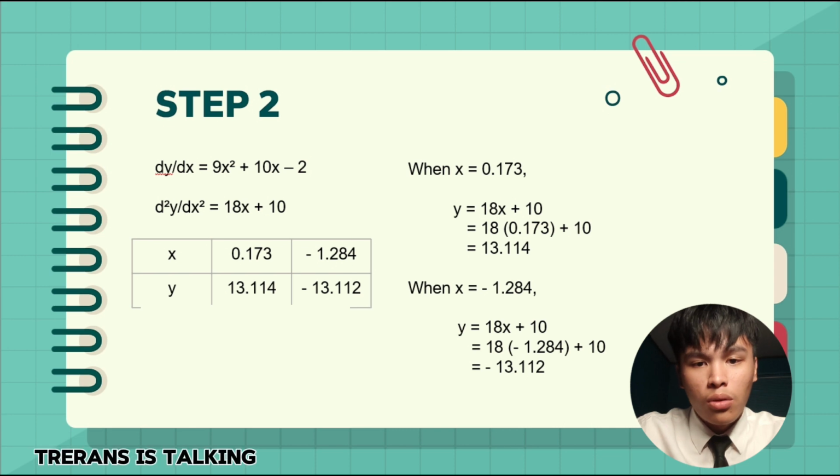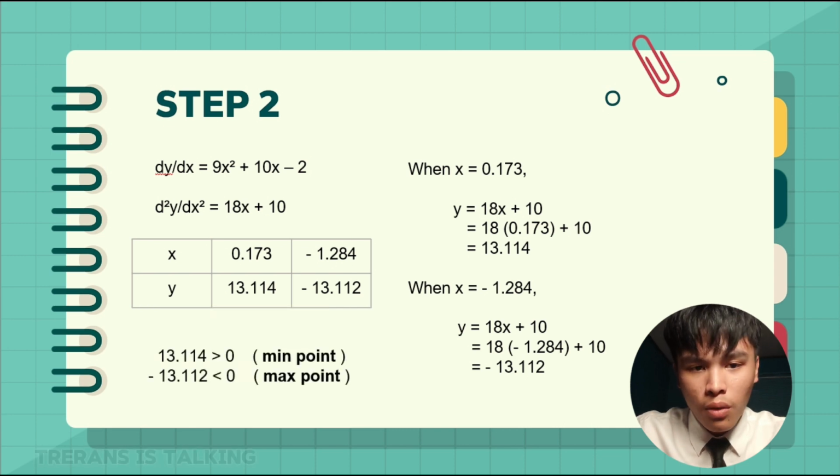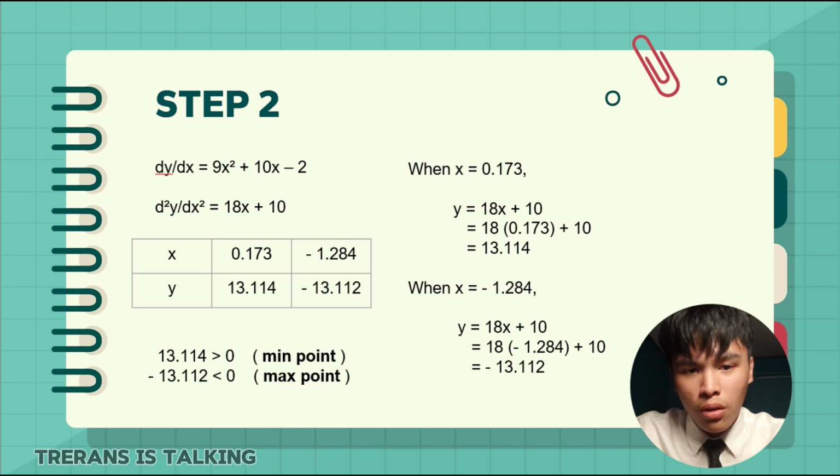From the y values we got, we can list that 13.114 is greater than 0, which is a minimum point in our graph later. And next, the y value is negative 13.112, which is smaller than 0, and we label it as the maximum point for the second curve in our graph.